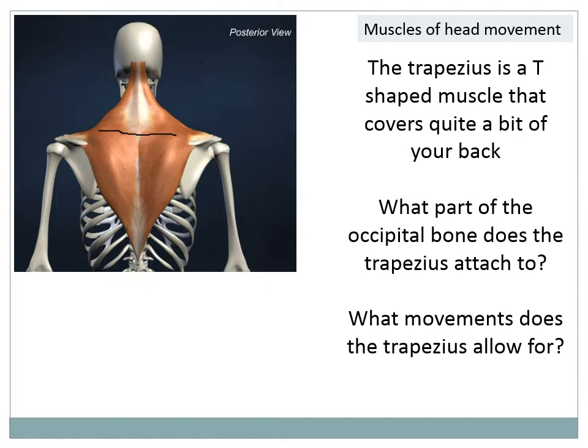Notice that your trapezius attaches to your occipital bone right here. What part of the occipital bone is the trapezius attaching to? Well, it's the external occipital protuberance, right? So we talked about that bone structure. That external occipital protuberance is actually what the trapezius is going to attach to.